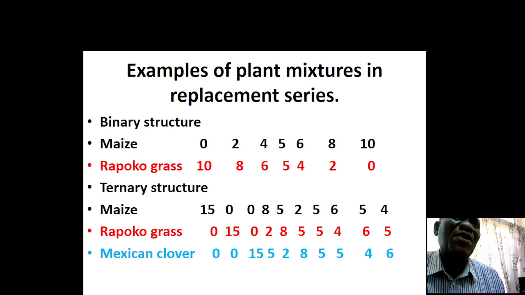So in the mixture where we have 2 plants of maize, there should be 8 rapoco, 4 maize, 6 rapoco, 5 where they are equal. It's an important treatment. Then you can have 6 maize, 4 rapoco, 8 maize, 2 rapoco, then 10 maize only, and 0 rapoco. So that is the binary structure of treatments.